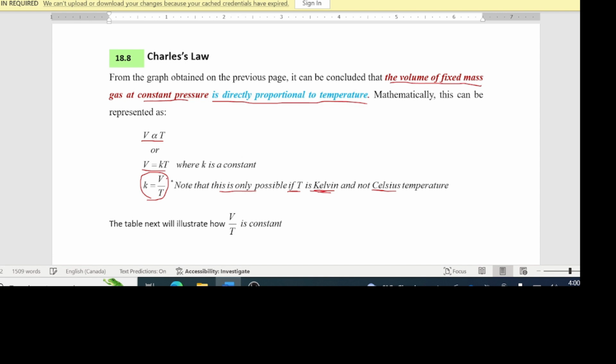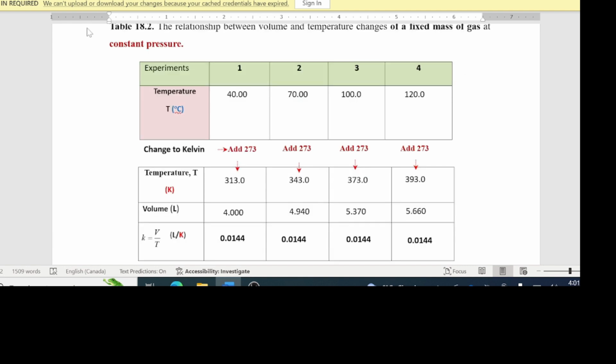If you take the volume and divide it by its temperature, it works only if you use Kelvin temperature. A number of experiments are done where you use different temperatures, 4 experiments with a fixed mass of gas at a constant pressure.